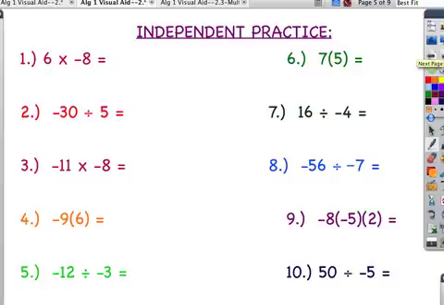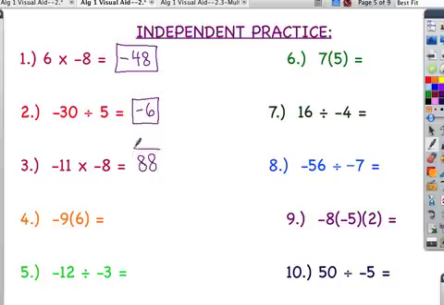Number 1, you should get negative 48. Number 2, you get negative 6. Number 3, positive 88. Number 4, negative 54. Number 5, positive 4.